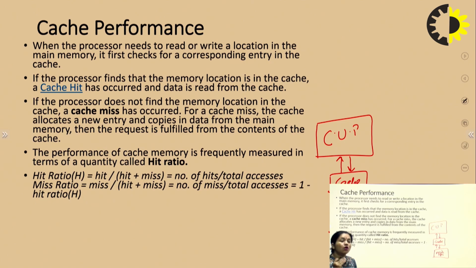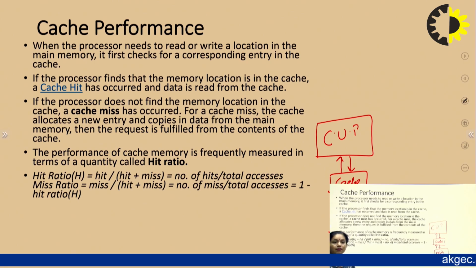Otherwise, it is called a cache miss, means it is not present in the cache memory. Now I need to find the content. If it is multi-level, I will go to another level of cache, or I will go to the main memory. Now we need to check the performance.